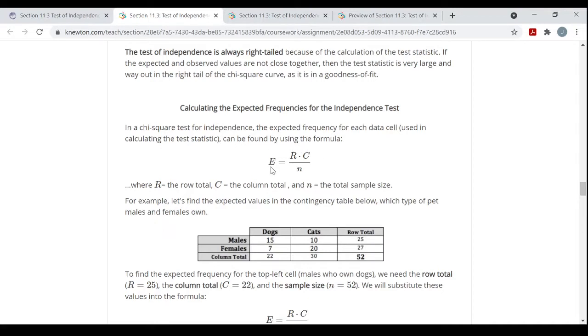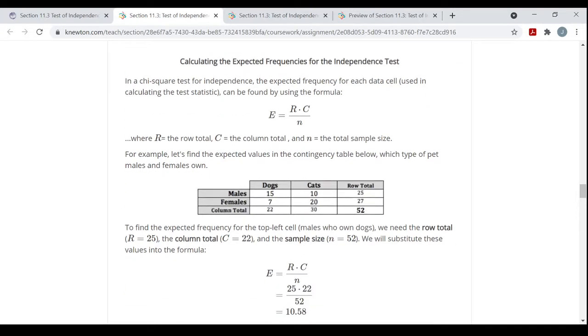The expected frequency, the expected number in a particular cell, is R times C divided by n, where R is the total for that row, C is the total for that column, and little n is the total sample size.